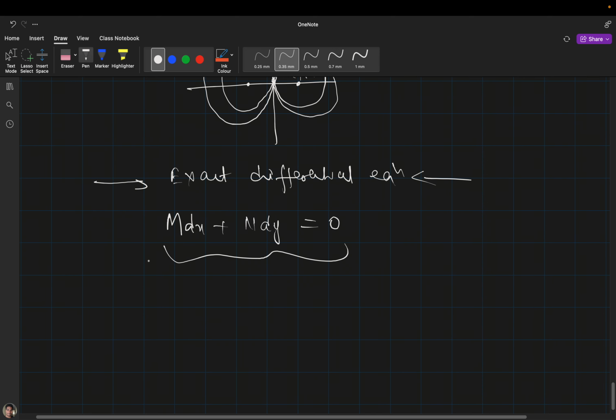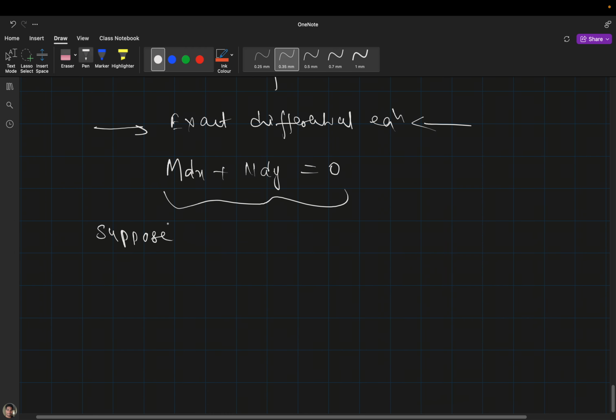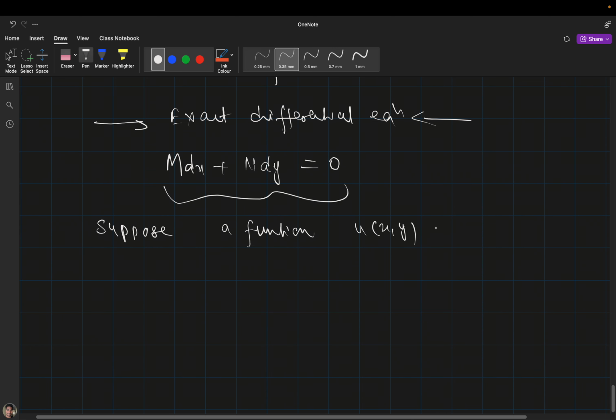Suppose a function of the form u(x, y) equal to 0. Actually it is an equation, but I'm still saying this as if it is a function.